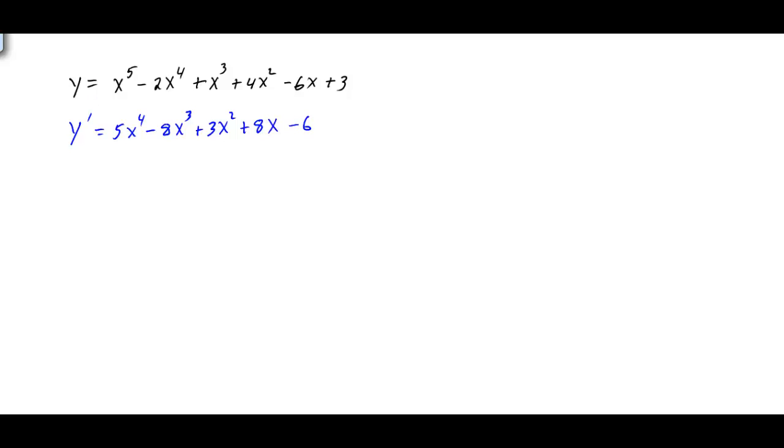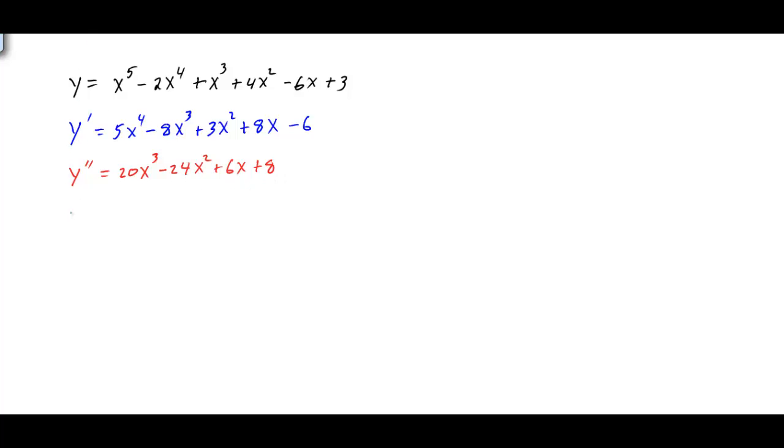So there's the first derivative. And then if I wanted to find the second derivative, we would simply take the derivative again. So 4 times 5, we would have 20x cubed. 3 times 8, we'd have minus 24x squared. And then we would have 6x plus 8.